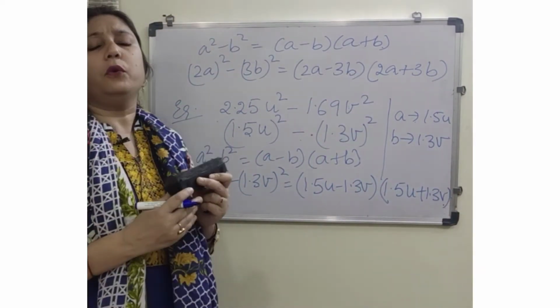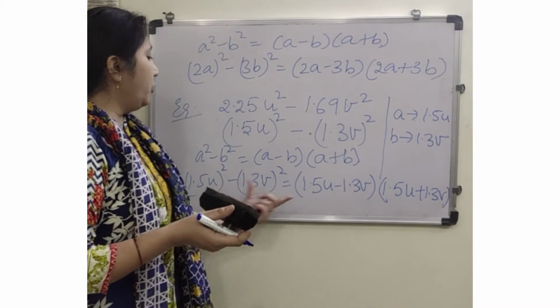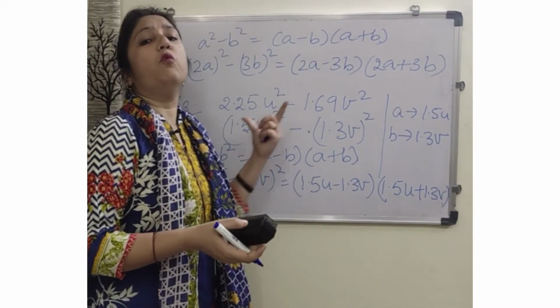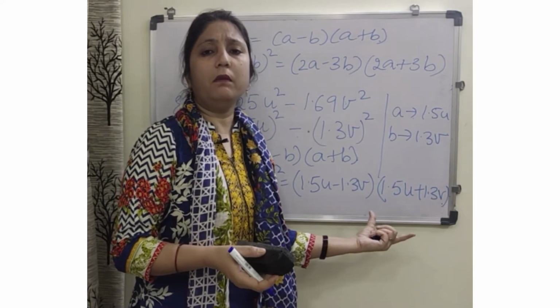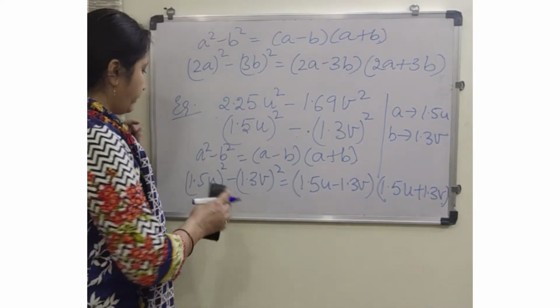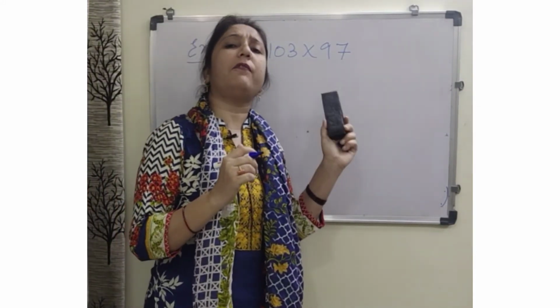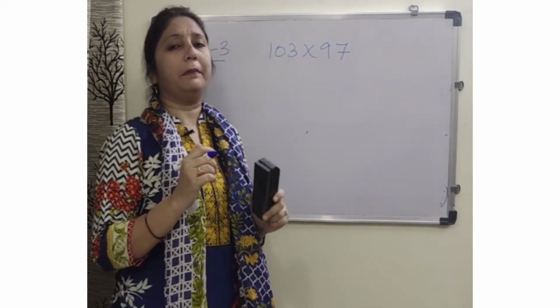This is how you can make use of this identity from one side. This identity is equally useful in finding the product of two numbers.